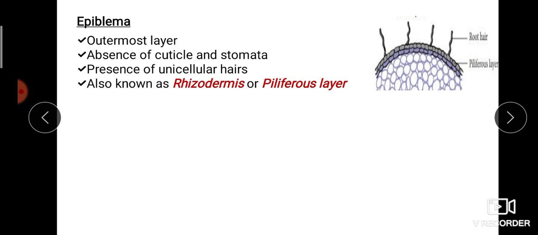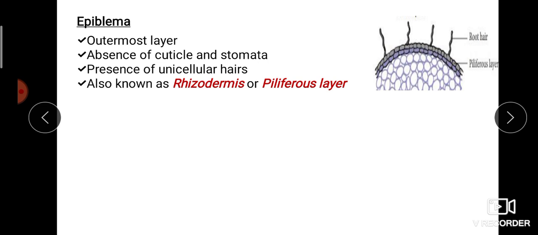So epiblema. What is epiblema? Epiblema is the outermost layer of the internal structure of dicot root. There is no cuticle and stomata, and there is presence of unicellular hairs.